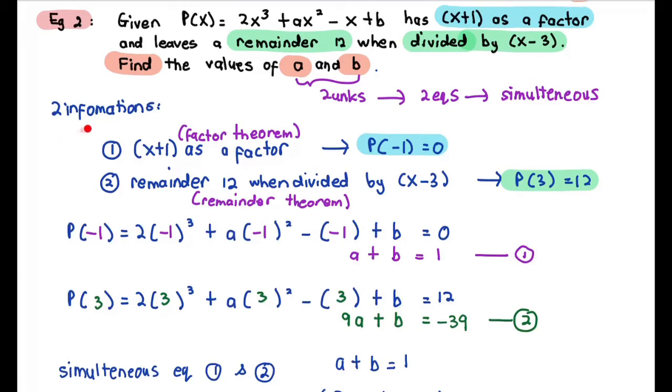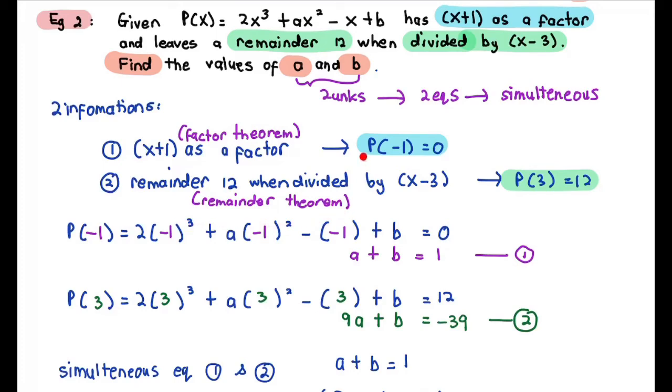The information that we have is x plus 1 is a factor. So we need to check whether p(minus 1) is equal to 0. Another fact given is the remainder is 12 when divided by x minus 3. So we can take from here, p(3) equal to 12. The first one we should use the factor theorem, and for the other one, let's use the remainder theorem.